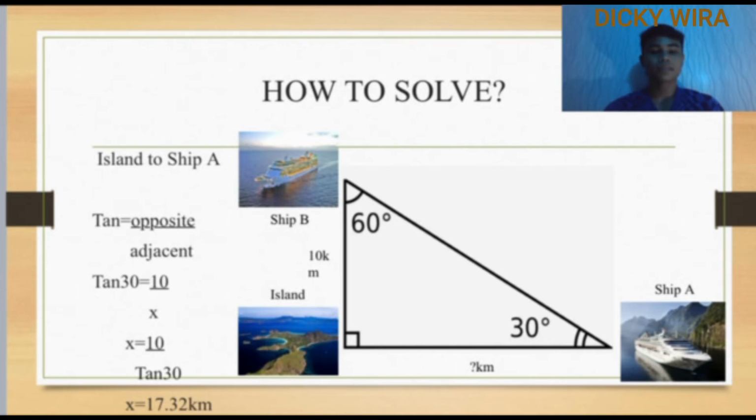The x represents the adjacent, or the distance of the island to ship A. Then x is equal to 10 over tan 30. After we calculate using a calculator, we get the answer that the distance of the island to ship A is 17.32 km.